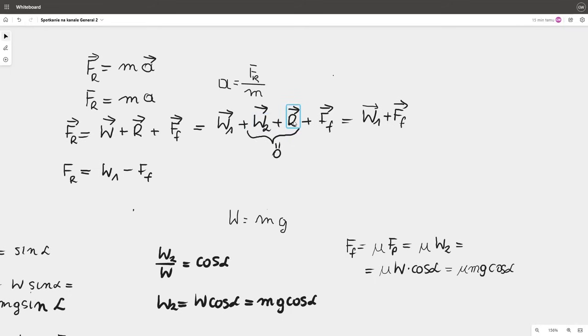W2 and normal force cancel each other, so resultant force is equal W1 plus friction force. It's here. These vectors are opposite to each other, so magnitude of resultant force is equal magnitude of W1 minus magnitude of friction force. Here.